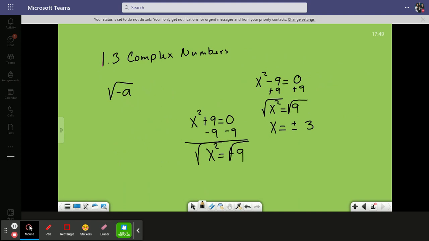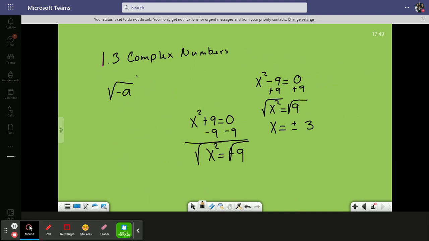Negative 3 times negative 3 makes a positive 9. But there is nothing that I'm ever going to multiply by itself that's going to end up being negative. There is no number times itself that'll be negative. So what I cannot have is a negative under this radical. Okay? We got to remember that.